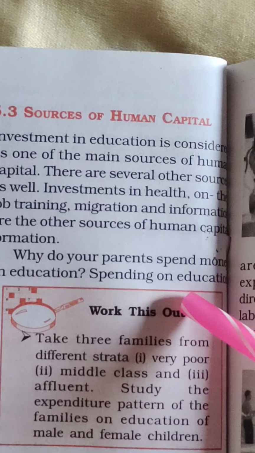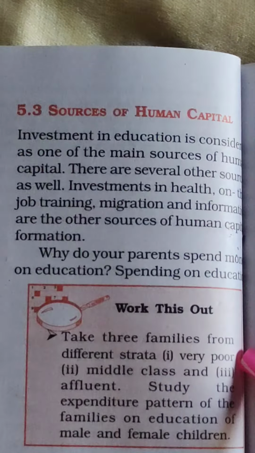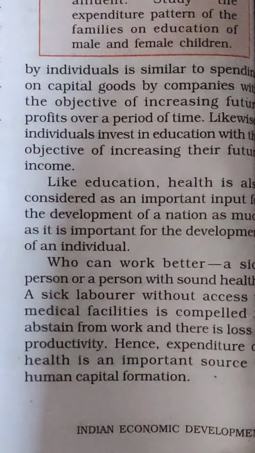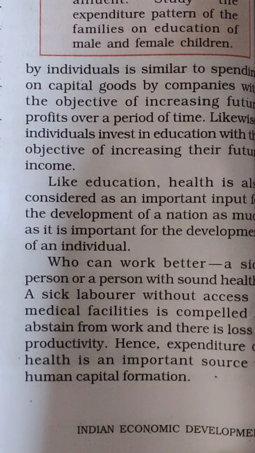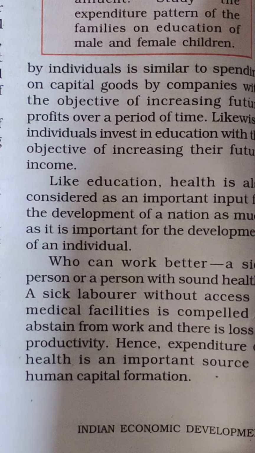Spending on education by individuals is similar to spending on capital goods by companies with the objective of increasing future profits over a period of time. Likewise, individuals invest in education with the objective of increasing their future income.